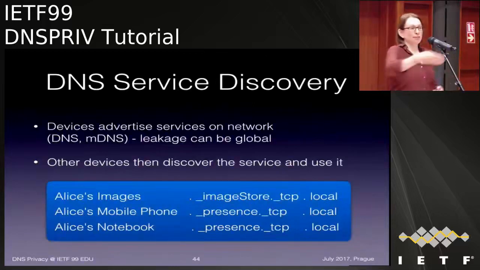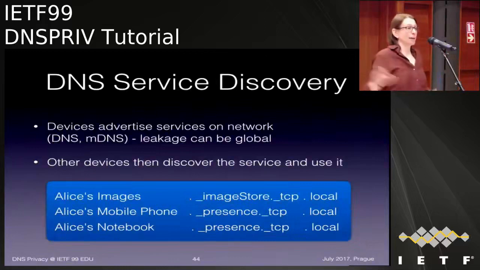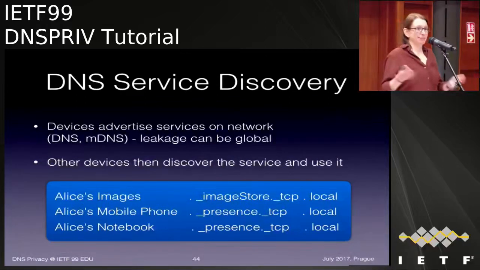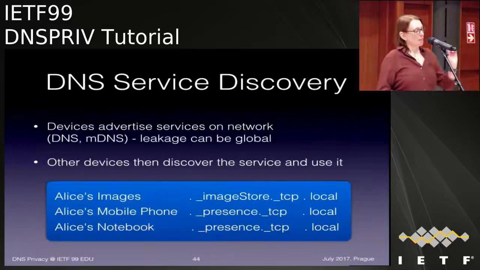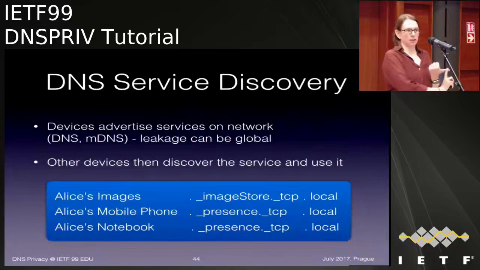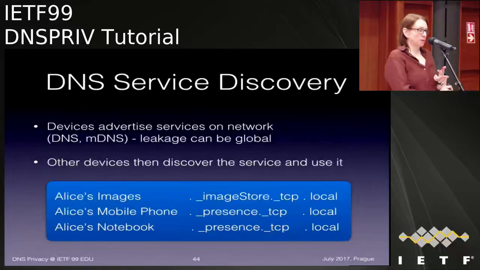Some of you who can actually look on the network right now may be able to see devices on the network that are sharing in this way and figure out, it could be, Bob's phone as well. So what you're doing is advertising a lot about your personal devices. Not only is your name attached here, the set of devices you have is advertised and the set of services you're advertising.